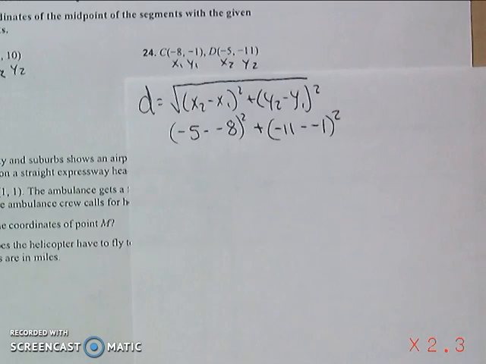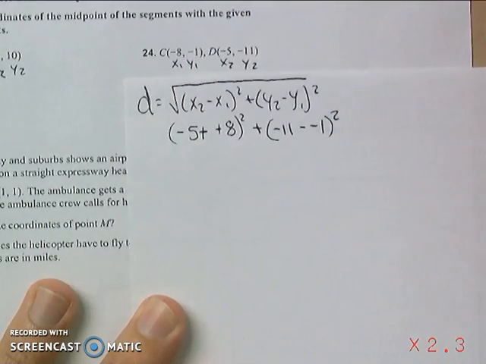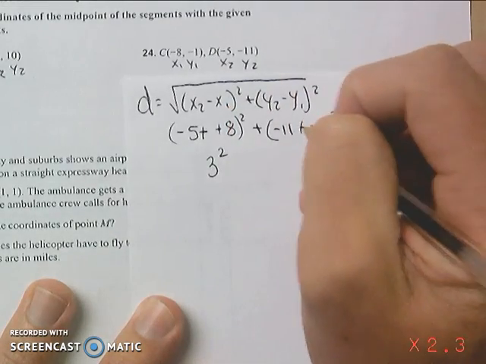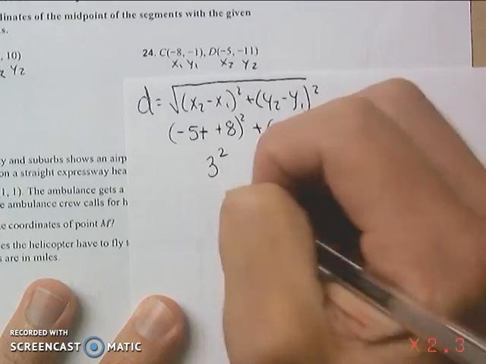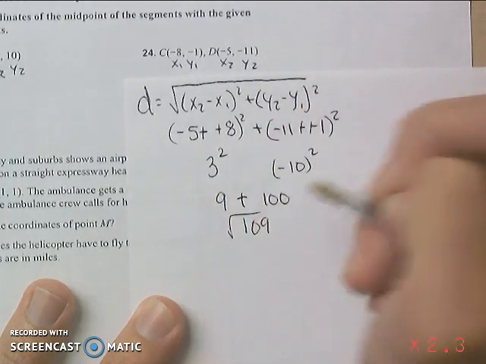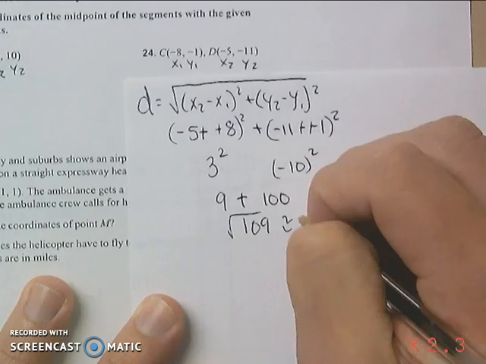Okay, two negatives next to each other, we're going to make these positive. -5 and a positive 8 makes 3. Add those together, and that's going to be a -10. So we're going to get 9 plus 100, or 109, and the square root of that is going to be approximately 10.4.